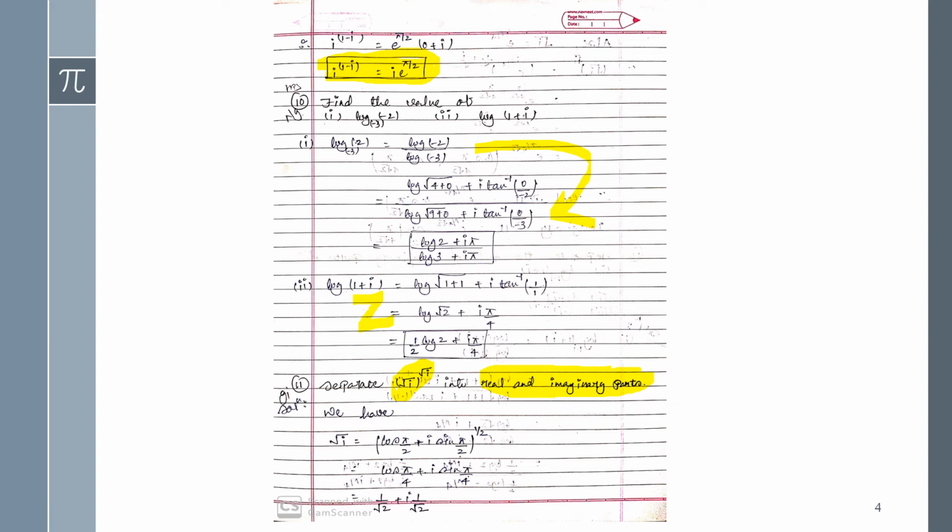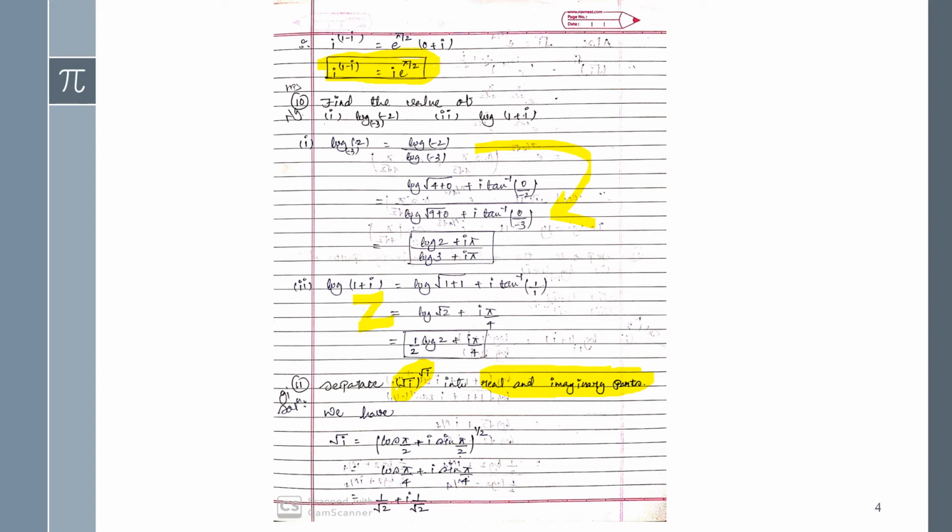So first of all we will do the same procedure, by applying root i raised to root i. As we have discussed, in the very first step we will apply log on both sides. So root i equals root i, and root i means we can write i raised to the 1/2 power, right?